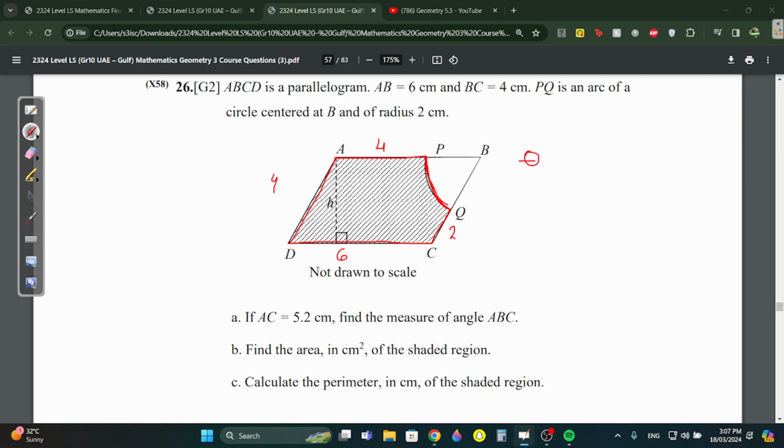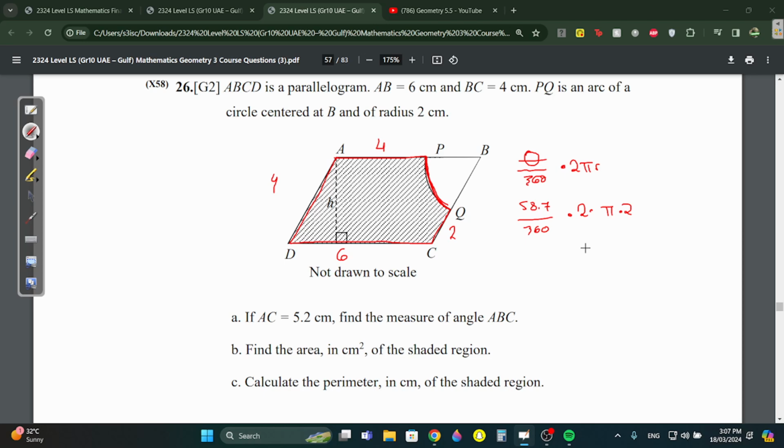How do you find it? It's theta over 360 times 2 pi r. So the angle 58.7, remember from part A, over 360 times 2 times pi times 2. Let's do it. 58.7 over 360 times 2 pi times 2.